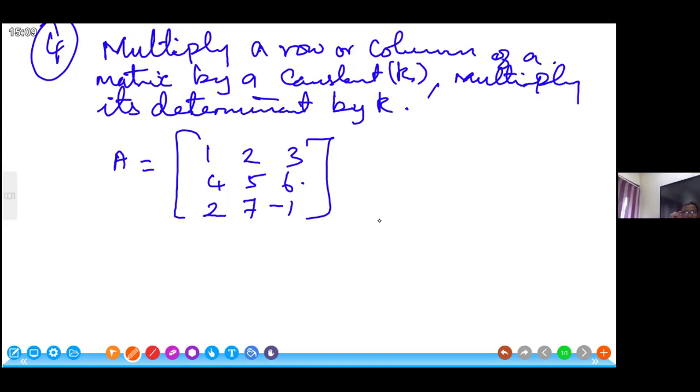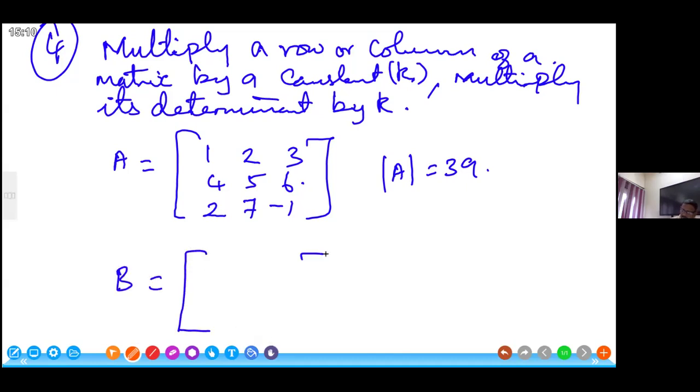Okay, we can continue. Have we found the determinant of this? What is the determinant? 39. Right. Now, let's say I have a new matrix: 5, 10, 15, 4, 5, 6, 2, 7, minus 1.